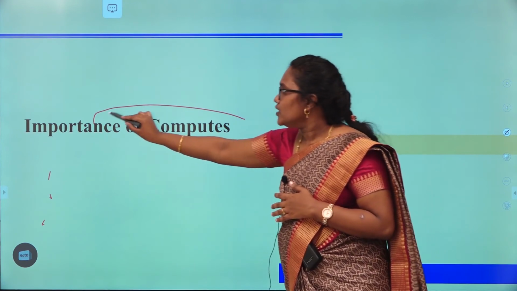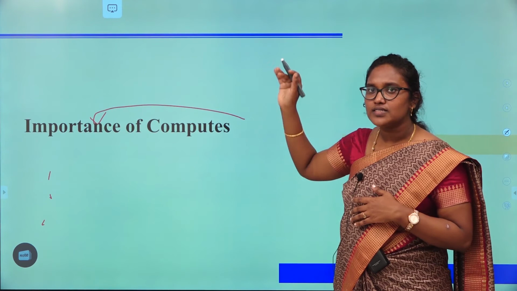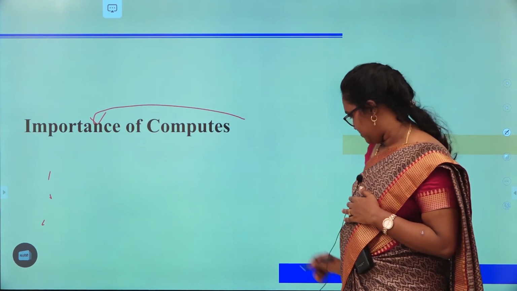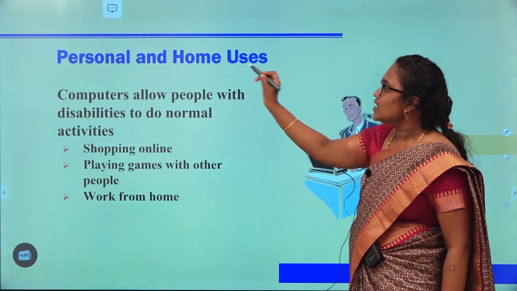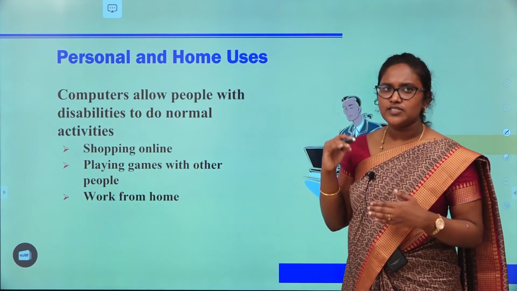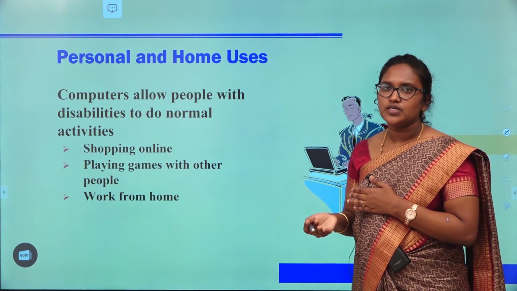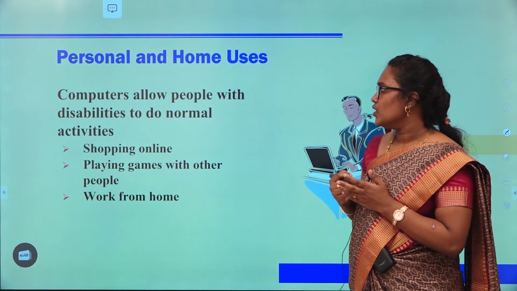So importance is nothing but applications where all these computers are used in our day to day life. First one, personal and home uses. As you all know, every person uses computers to do their personal works or else office works.